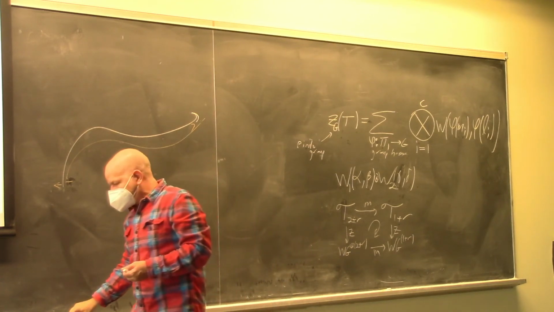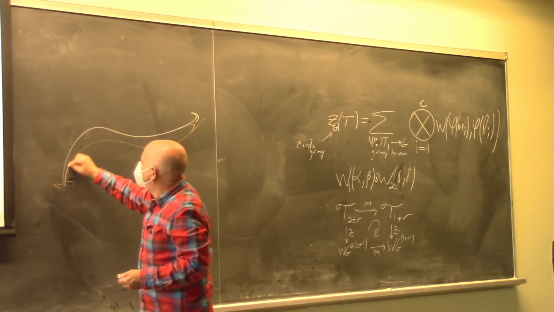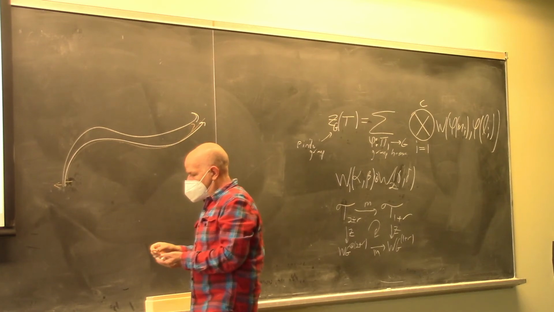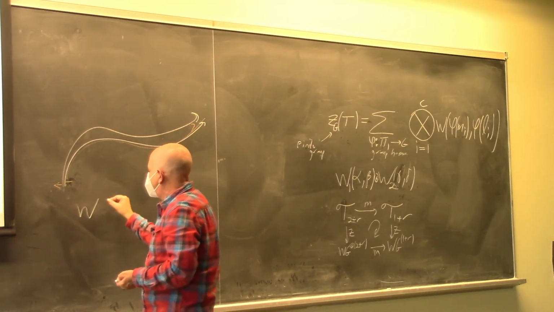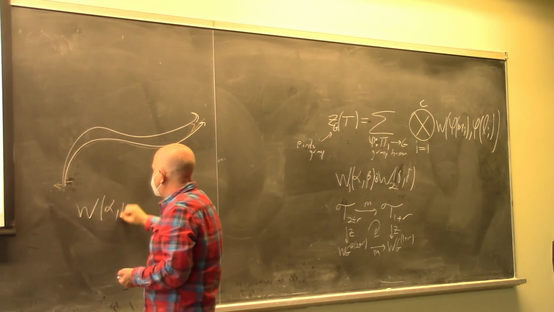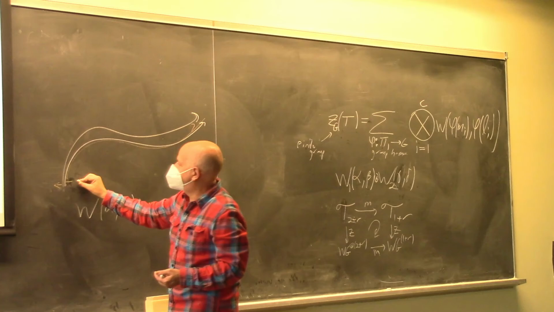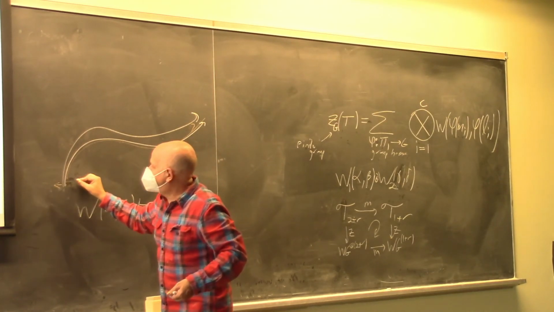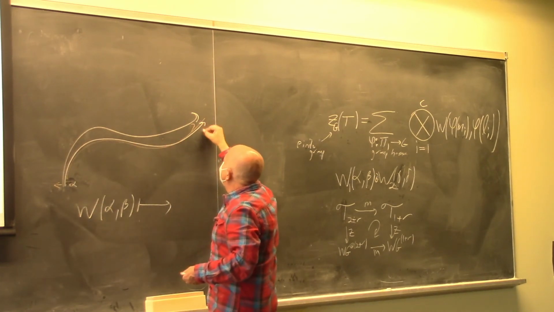Now I double this strand. Suppose I have a single contribution, a W alpha beta. Where will it go? Suppose I know that in a given representation, this meridian goes to alpha and this longitude goes to beta.